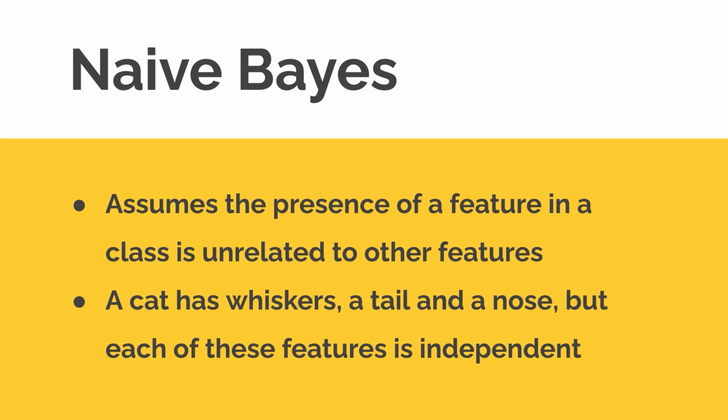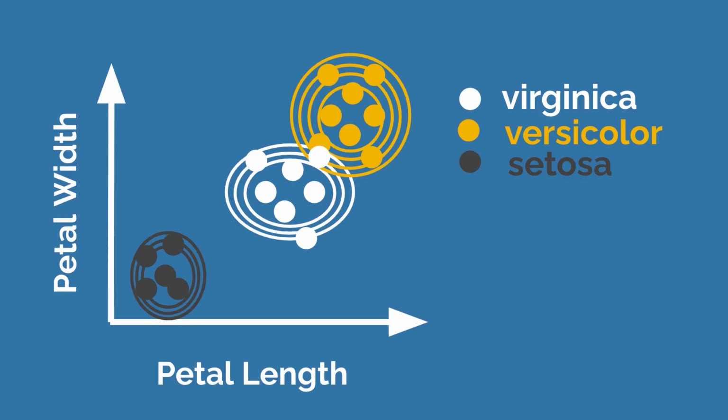For example, if you have a cat image, it could have features about whiskers, a tail, and a nose. But with the naive Bayes algorithm, instead of taking into consideration the combination of features, it treats each feature as an independent feature. That's just a slight difference that will distinguish this type of classification algorithm from another.